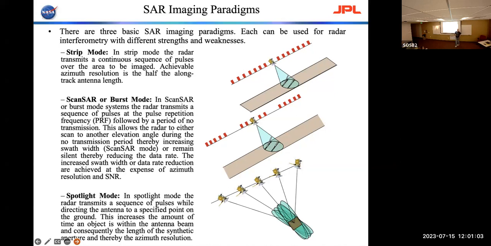So now for a given sized antenna, I'm able to get a wider swath with good SNR for those two areas. Nothing's for free. What did I pay? Sounds too good to be true, so I must have paid for something. So what am I paying? Resolution where? Range or azimuth?